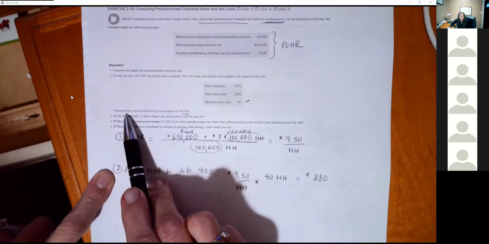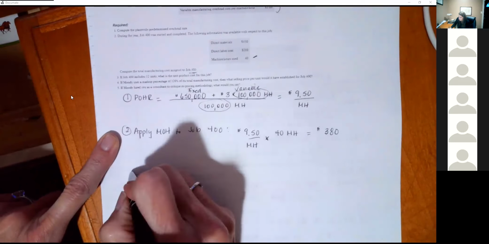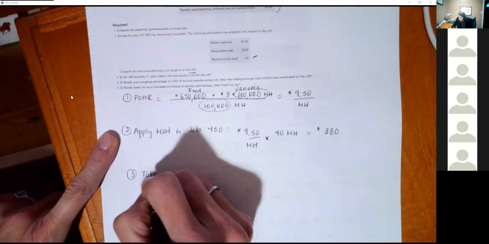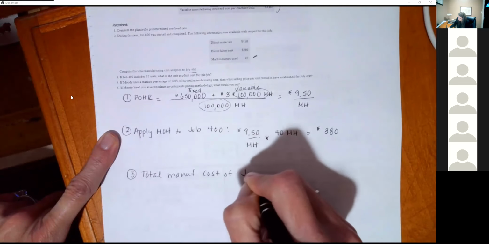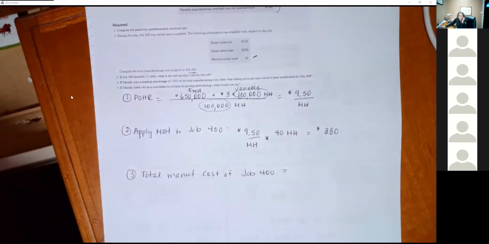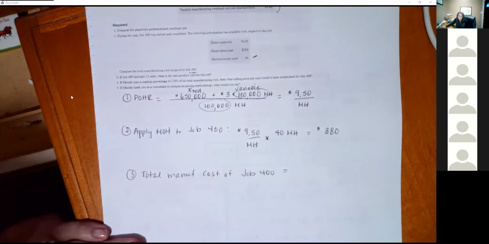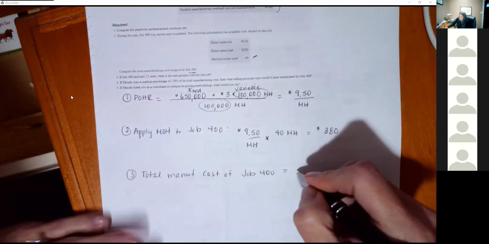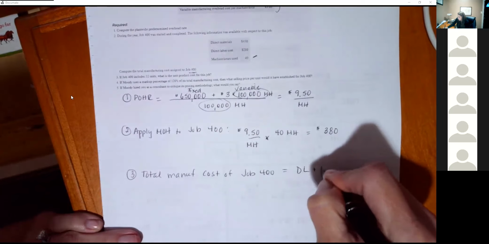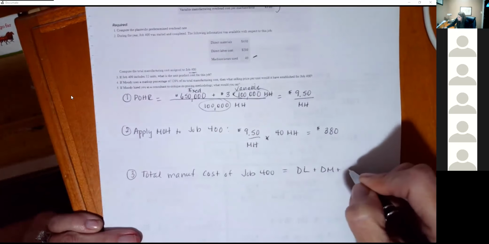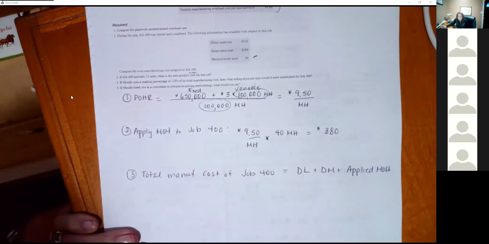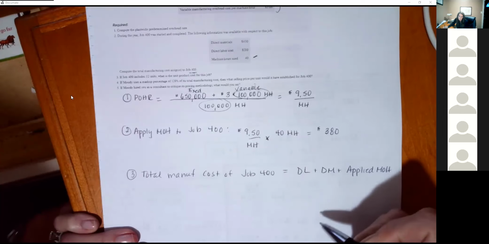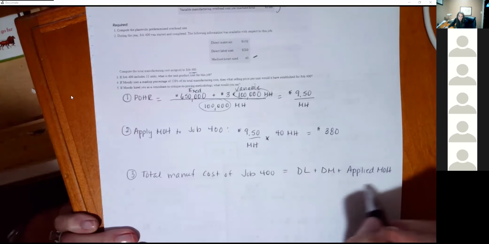So the next step is computing the total manufacturing cost of job 400. Right, and you guys told me earlier the total manufacturing cost is direct labor plus direct materials plus applied overhead. Do we know any of these numbers?